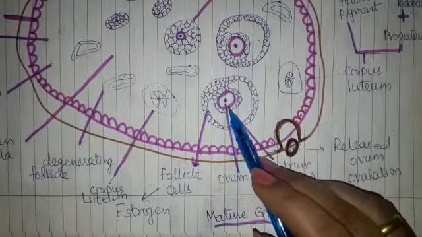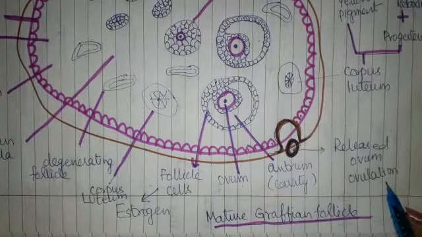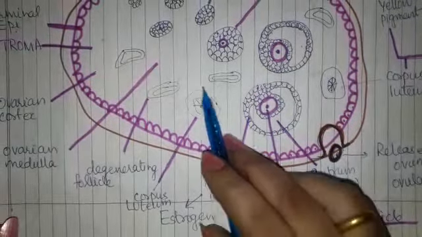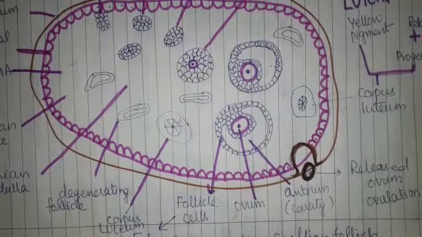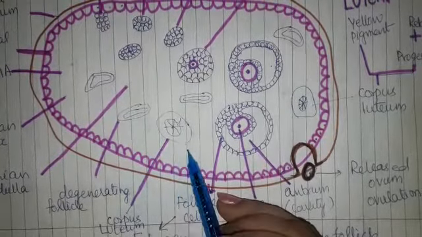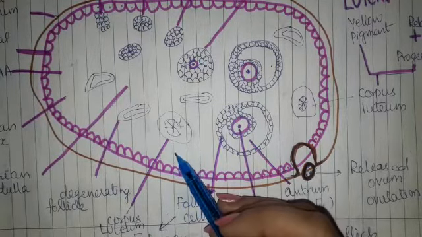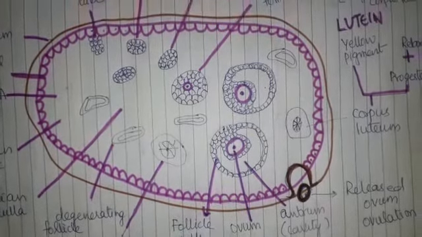When egg is released from the most mature ovum, the process is called ovulation, and it becomes a yellow colored body, corpus luteum, because it is yellow because of the yellow pigment lutein. And corpus luteum secretes two hormones, progesterone and relaxin. Progesterone is required for maintenance of pregnancy, and relaxin is released at the time of childbirth.